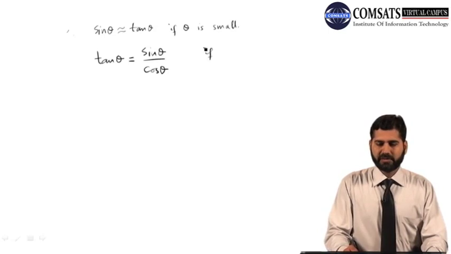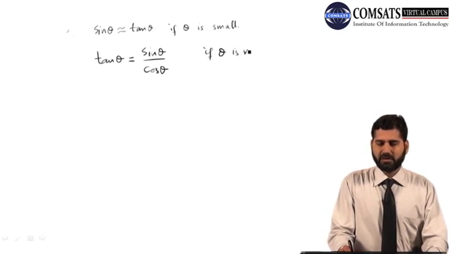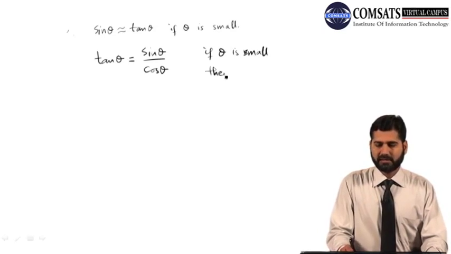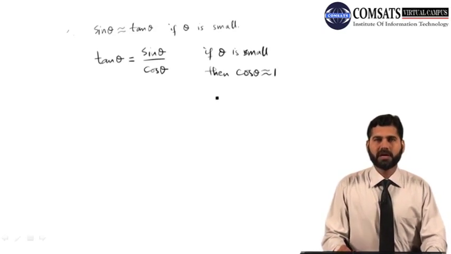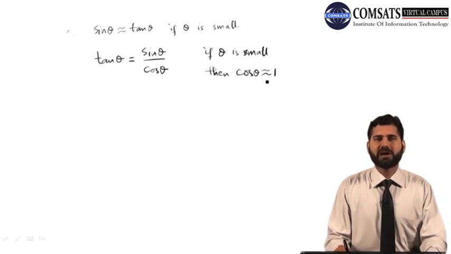So if theta is very small, then cosine theta is approximately equal to 1. Because what is cosine 0? Cosine 0 is 1. So if theta is very, very small, close to 0, then cosine theta will be very, very close to 1. All right?